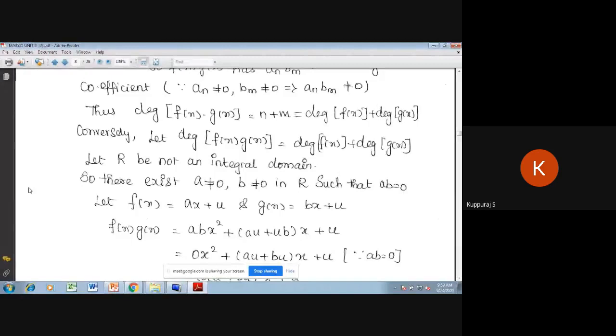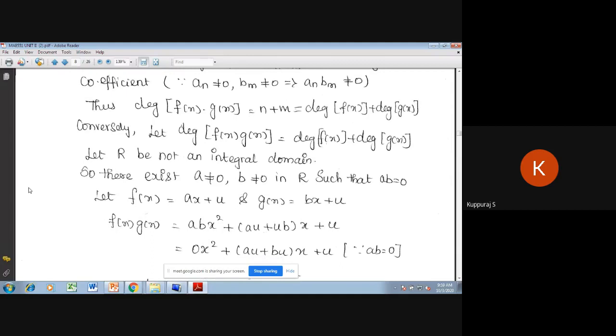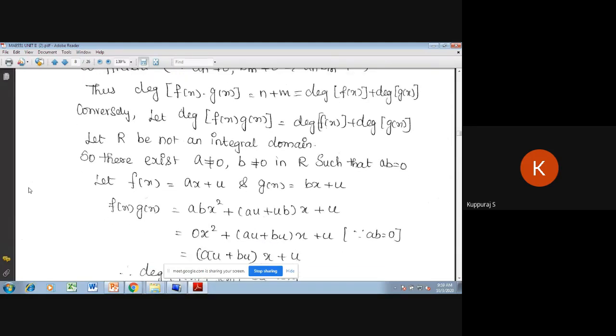So consider non-zero elements a and b of R, so a and b are not equal to 0. Conversely, we assume a·b is equal to 0. a is not equal to 0, b is not equal to 0, but we have assumed a·b is equal to 0.